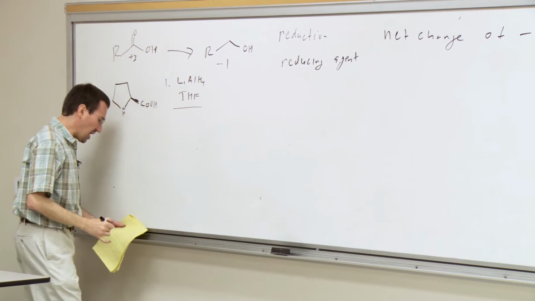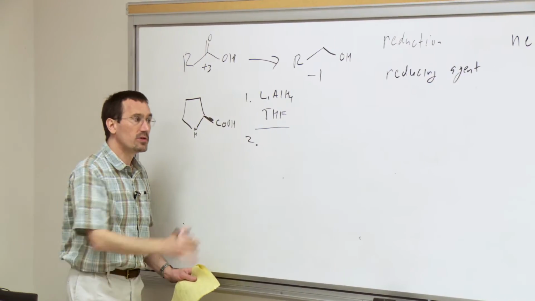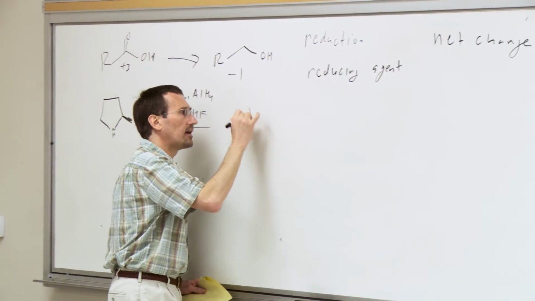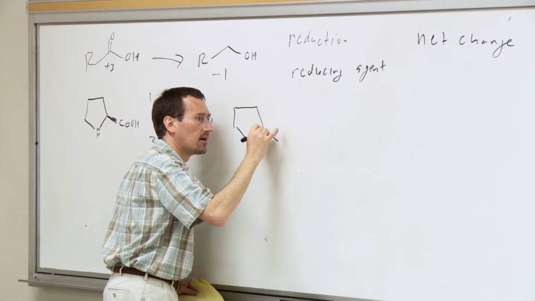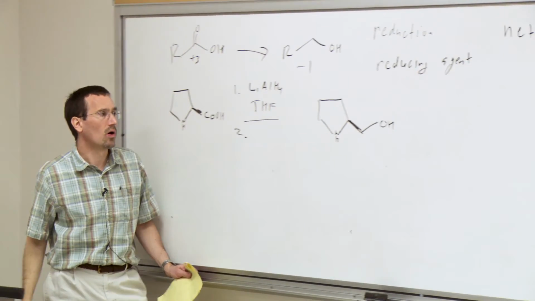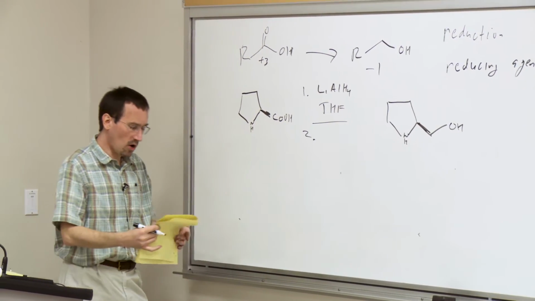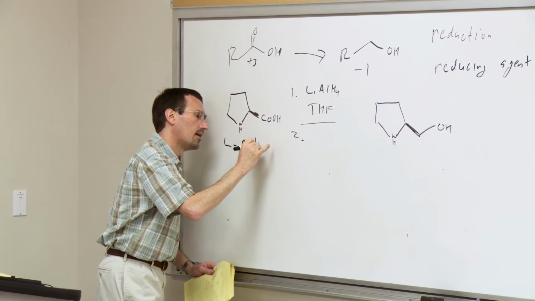LAH in THF, which is an ether, followed by an aqueous workup, which I'm going to tell you about in just a second, gives rise to the corresponding alcohol. This is proline over here. L-proline is an amino acid.